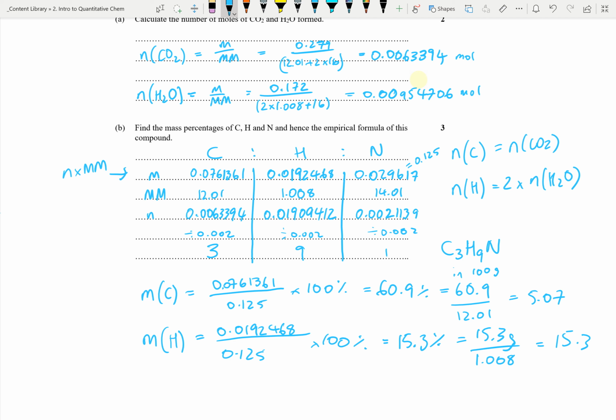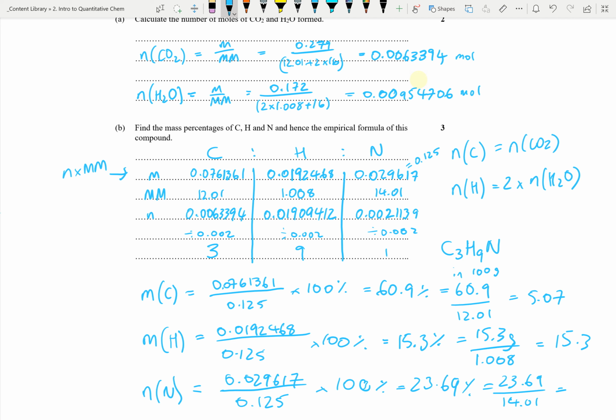I'm getting lazy. Mass of nitrogen equals 0.029617 divided by the total mass 0.125 times 100%, which gives me 23.69%, so 23.69 divided by 14.01 equals 1.69.